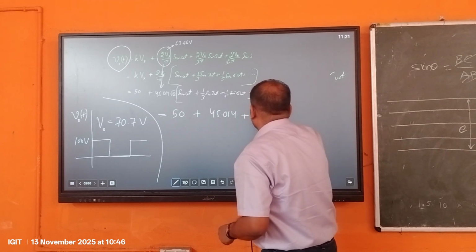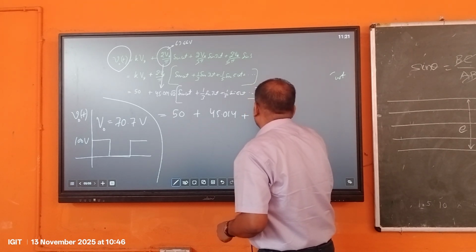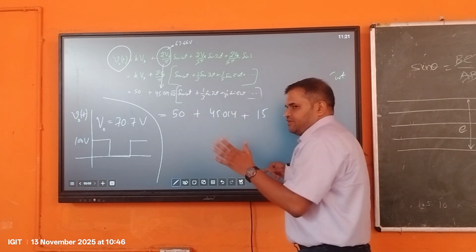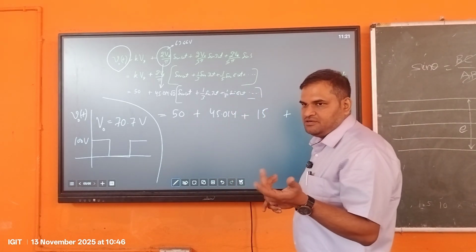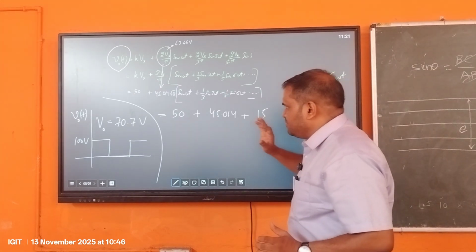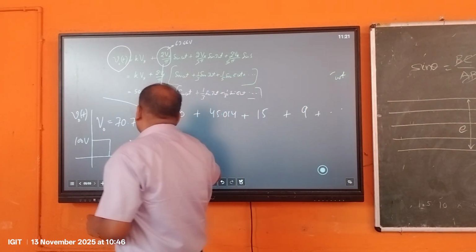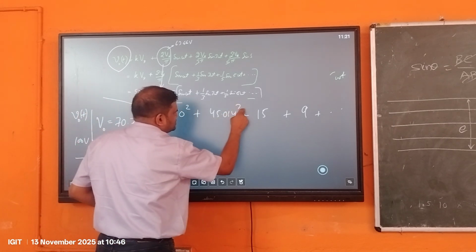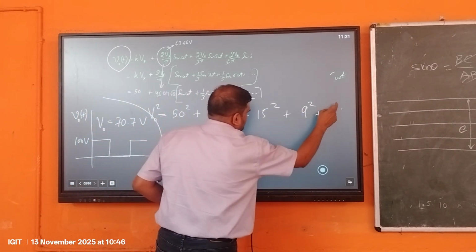And the RMS voltage of the fifth harmonic will be 45 divided by 5, nearly 9, and so on. Remember, we have to do the square. V0 square is equal to 50 square, this square, this square, this square, and so on.